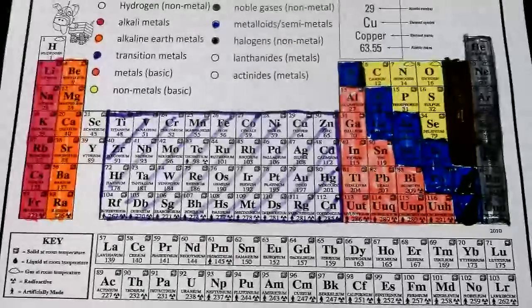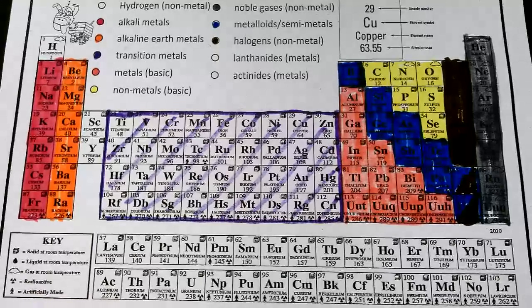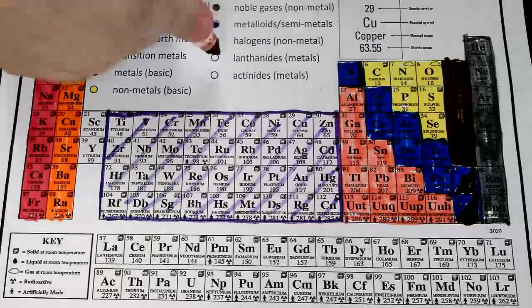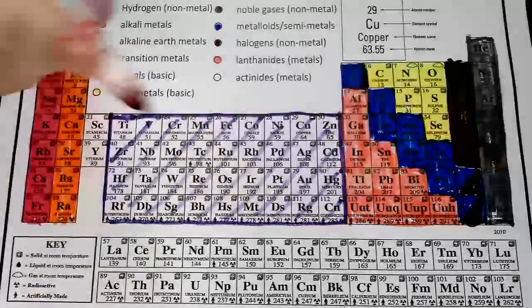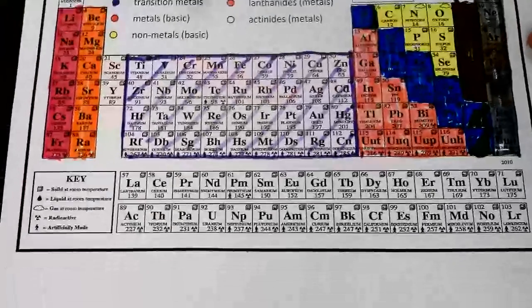We have 2 last families to look at. I'm going to repeat colors because I ran out of colors. So our next one is the lanthanides. And it's our first removed column down here.